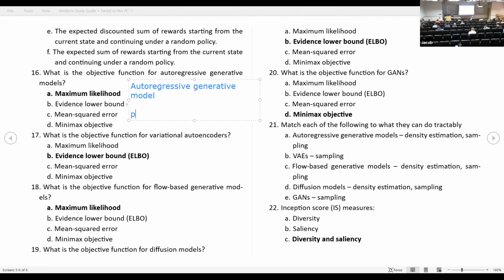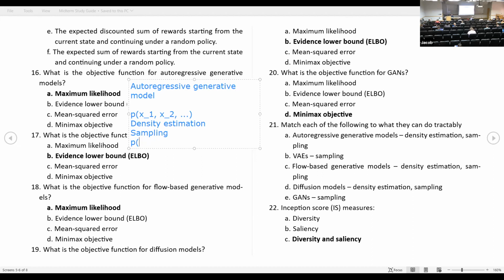So with a generative model, we want to maximize the joint probability of x1, x2, etc. And we want to either do density estimation or sampling with that model. The chain rule of probability says the following.